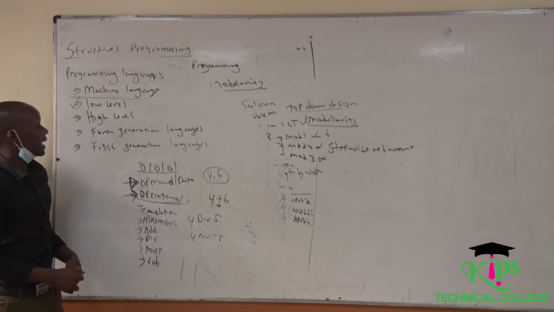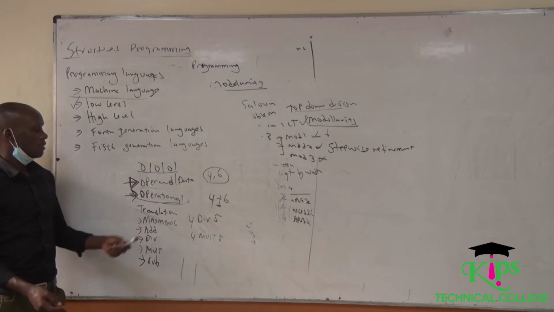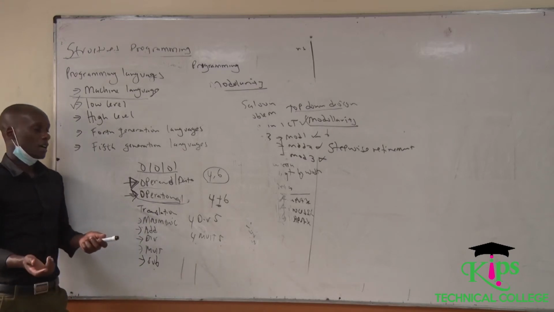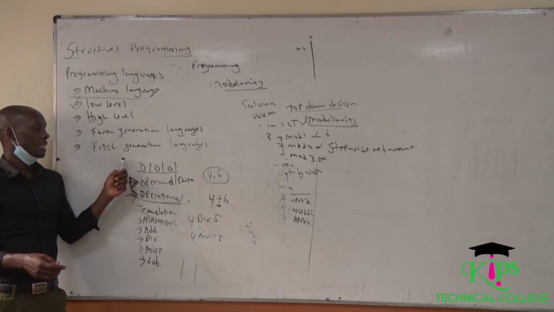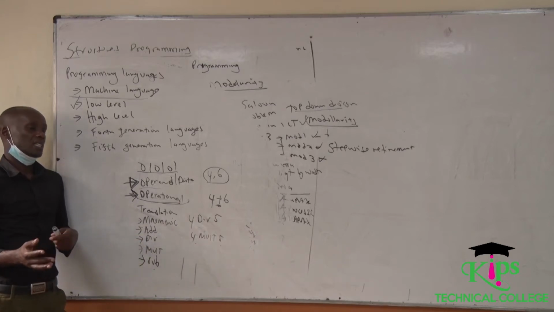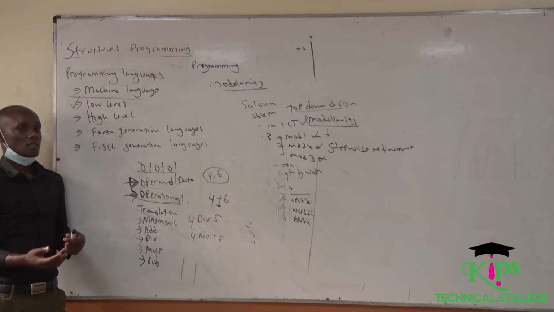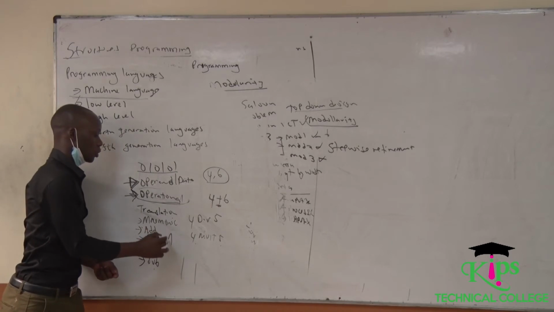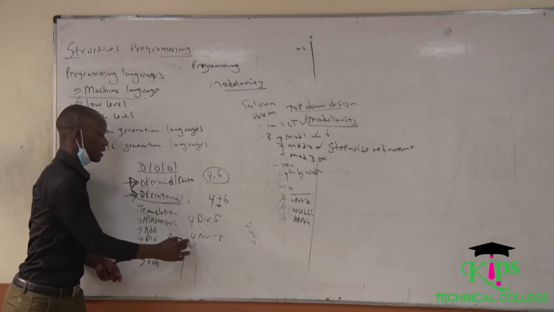Since the hardware understands only what is written in zeros and ones, any program written in low level must be translated, converted into zeros and ones. And we have a program that will convert it. This program is known as an assembler.